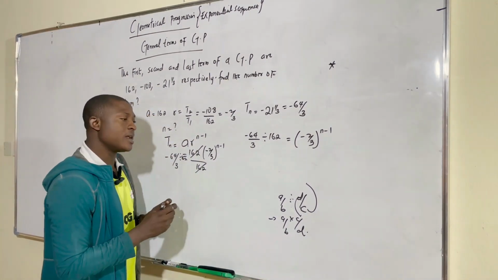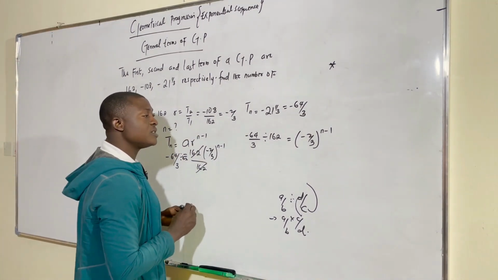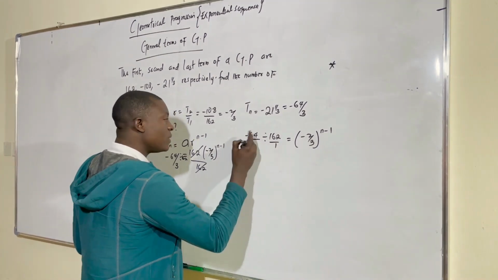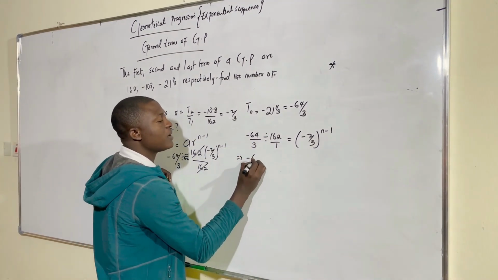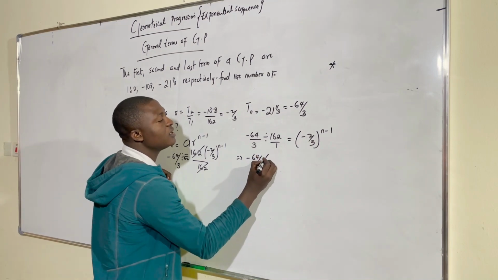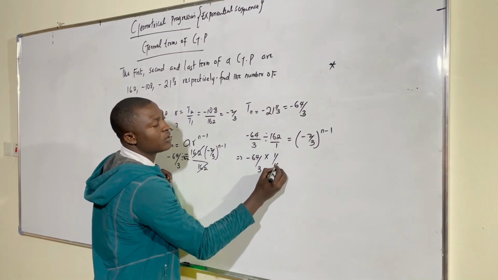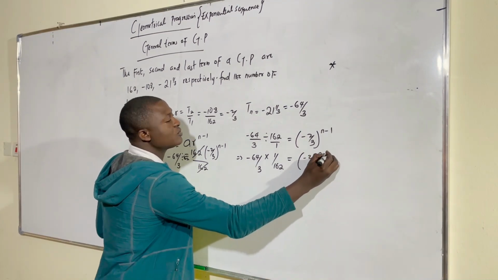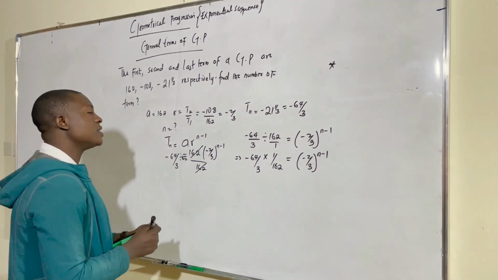That's what I'm trying to apply here. If I have 162, it's nothing but 162 over 1. So by changing this, I have minus 64 over 3 multiplied by 1 over 162 equal to minus 2 over 3 raised to the power n minus 1.